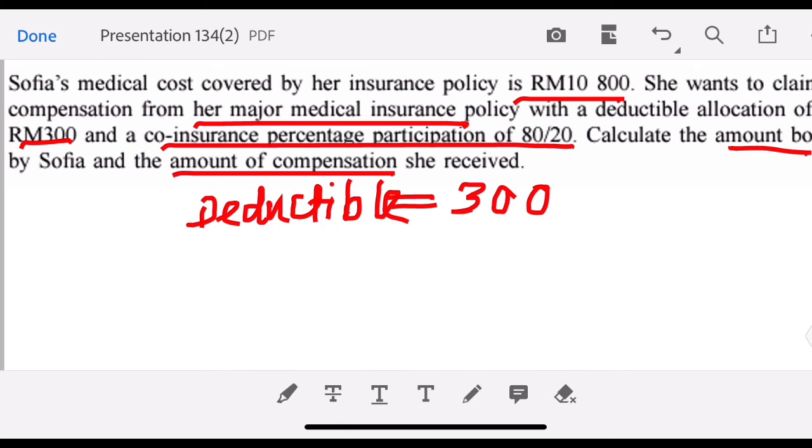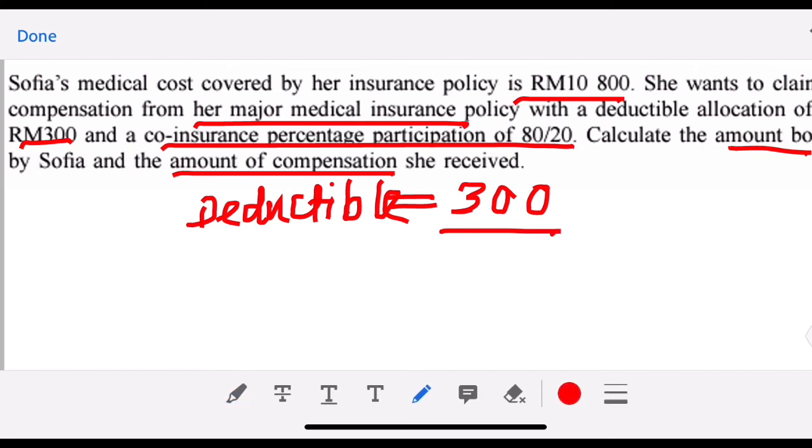So the amount borne by Sophia is actually the deductible amount, which is 300. That means Sophia has to pay RM 300, right? This is a must because it is the deductible amount and it must be borne by Sophia. So Sophia has to settle the 300 payment.